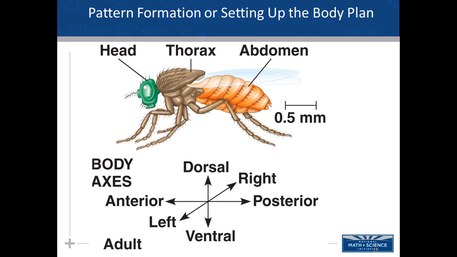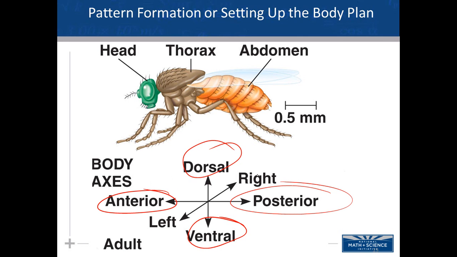So let's examine pattern formation, or setting up the body plan once you have a fertilized egg. And because this is a bilateral organism, we need to establish where the tummy side will be, or the ventral side, where the back side of the organism is going to be, where the head end is going to be versus the posterior end, and then because it's bilateral, we need to know which side is going to be the left side and which side is going to be the right side.